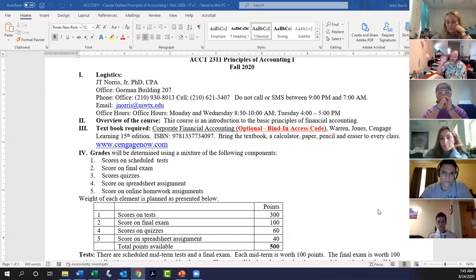One with a journal page for you to write journal entries into, which doesn't make much sense now, but will by the time we get to that part. It will when we go over chapter 2. And then you'll have a set of T accounts for you to post those journal entries and come up with account balances. And then with the account balances, you'll do an income statement, a statement of retained earnings, and a balance sheet. And then once you have all that completed in that same file, you'll upload that saved file back to Blackboard to submit. Okay, cool. Thank you. Sure thing.